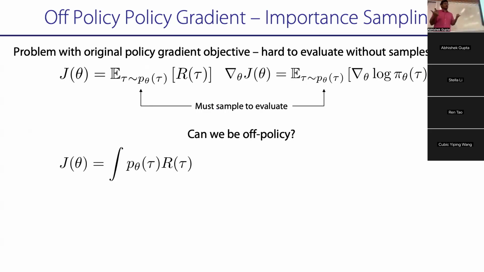Does anyone remember how we dealt with it? Assume that the changes are small enough that you can assume you're still in the same mode. Yes, but there's a step before that. You want to evaluate this objective, but you want to do it under a different distribution. So how do we do that?